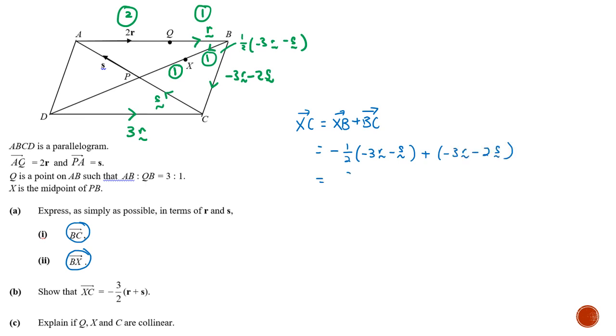Simplifying, we will have 3/2R plus half S minus 3R minus 2S. And here we will have negative 3/2R minus 3/2S. Shown.